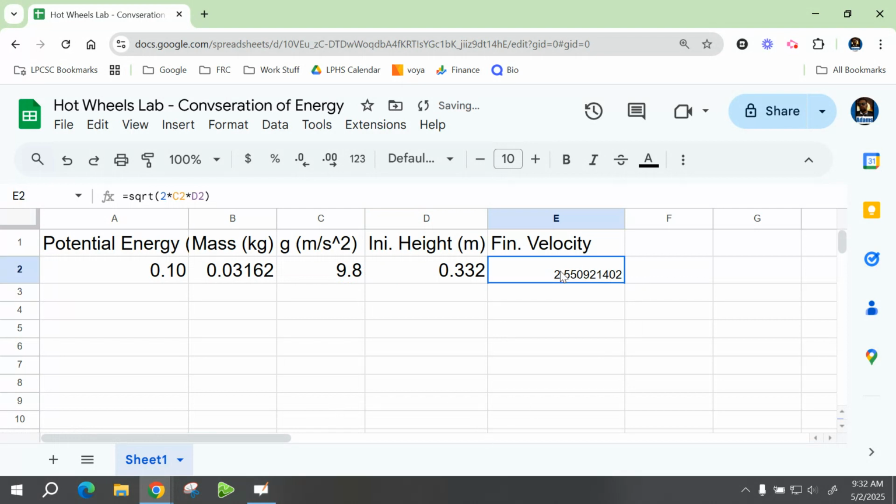So it's about 2.55. So I'm going to reduce the number of decimals by doing this. So about 2.55. What's the unit of measure for velocity? Meters per second.